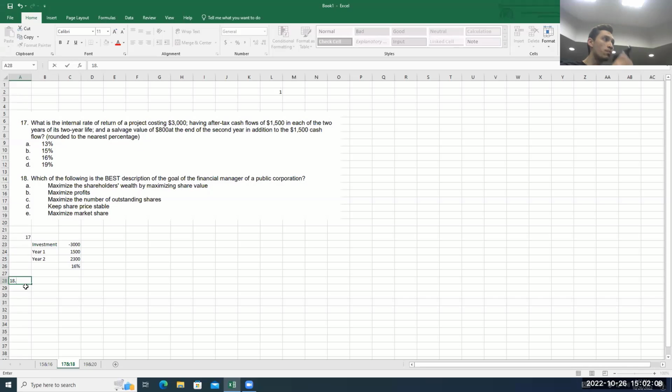I always use XIRR, but IRR, if you have a project where the cash flows are exactly 1 year apart, then you can use IRR. With XIRR, you tell it the dates of all the cash flows, so you have more control over it. So you have to put the dates in there. You don't have the dates, but yeah.